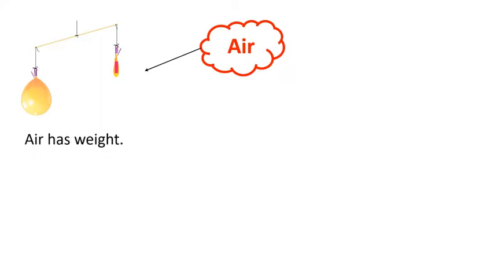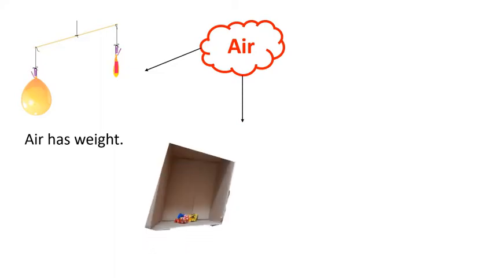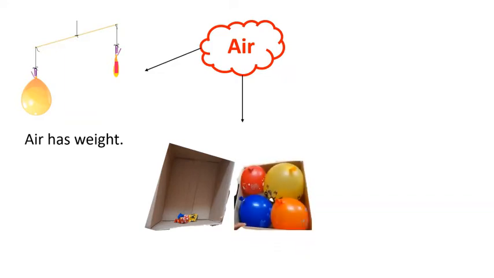Very good. Now, what did we learn from the second experiment? Yes, even after keeping these balloons in this box, there is still space left in this box, right? Yes. Now, what happened after blowing the balloons?